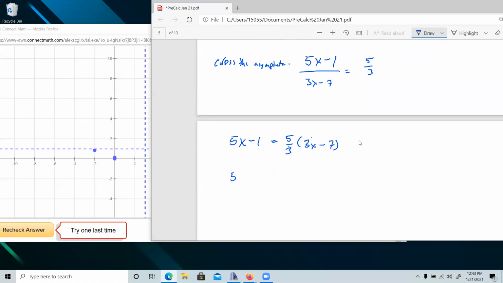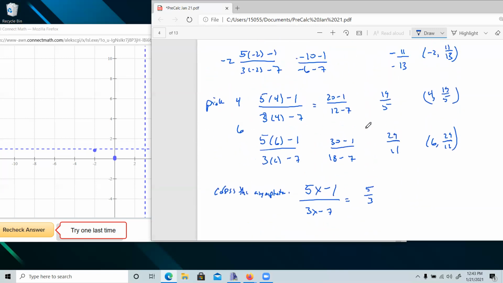This cancels, so we have 5x minus 35/3. And then these guys cancel, and you're left asking yourself, is -1 equal to -35/3? And clearly that is no. That's not true. So this thing never crosses its asymptote, so we don't have to worry about that.